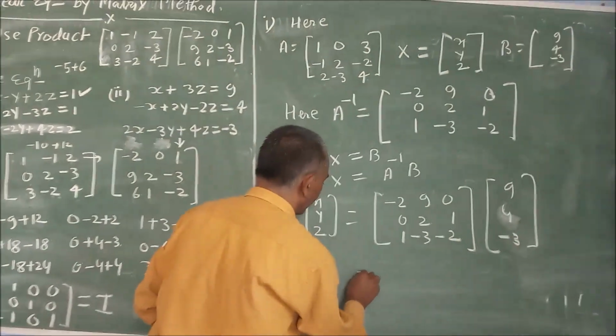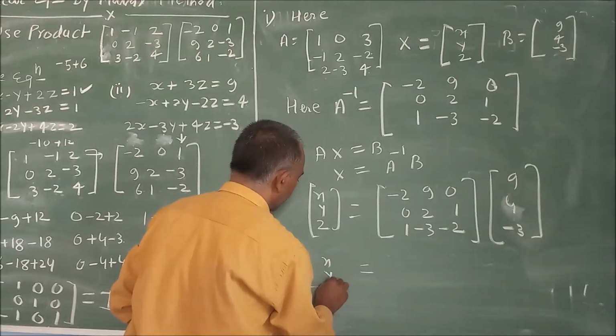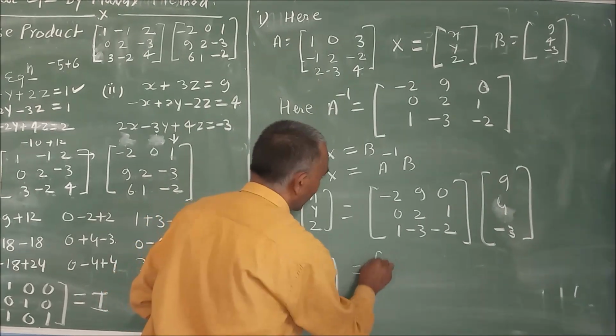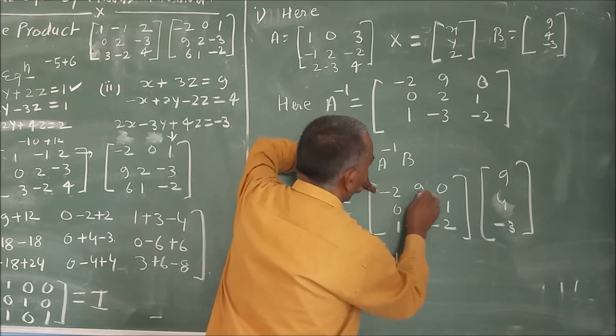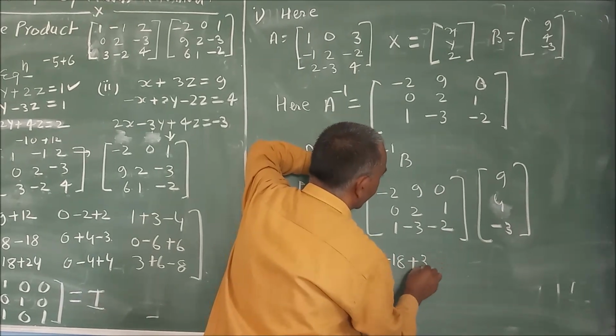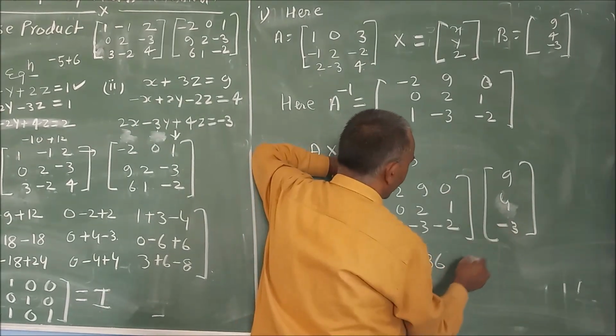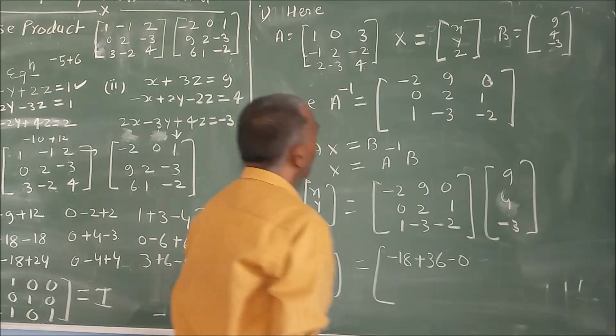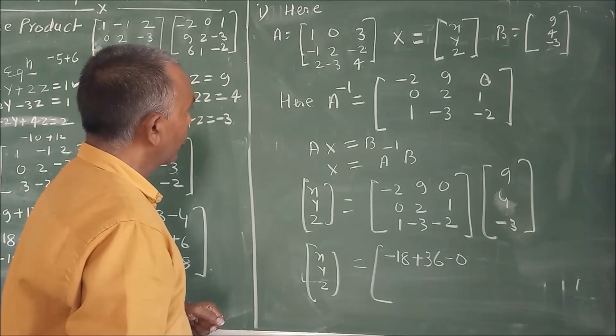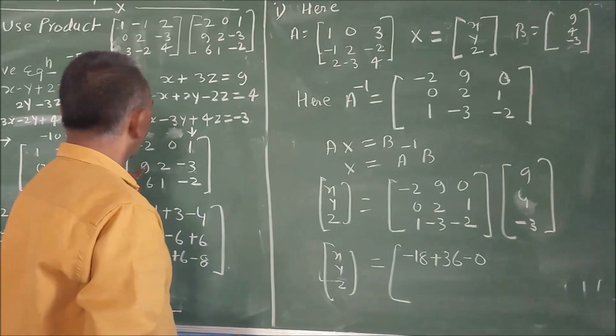So multiply these two terms, we can write x, y, z is equal to, multiply here, 9 into 2, minus 18, 9 into 4, plus 36, 0 into minus 3, minus 0. 0 into minus 3, minus 2, 9, 0, minus 2, 9.